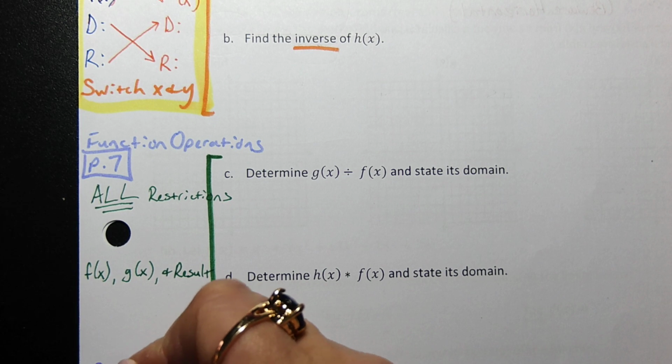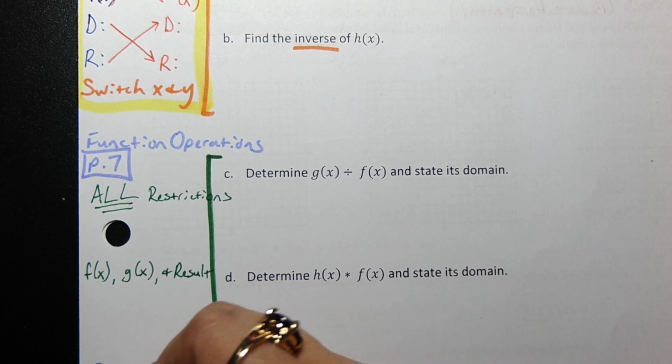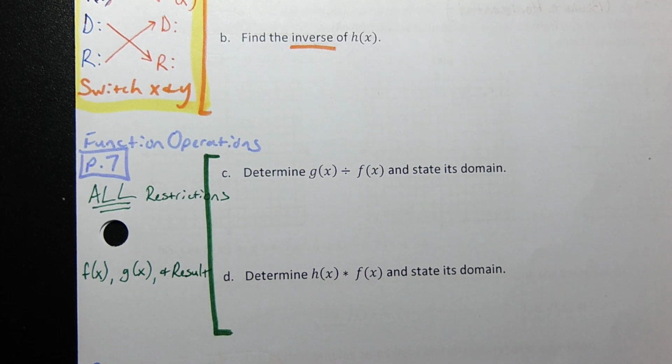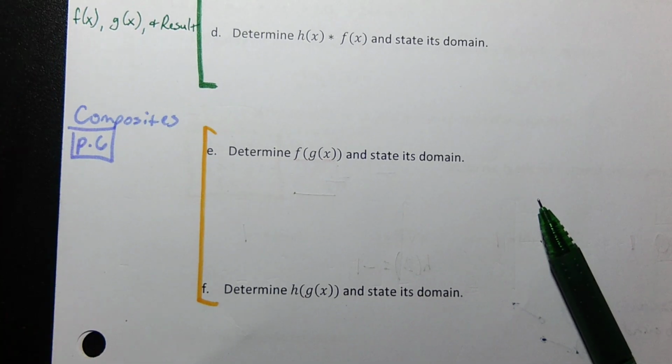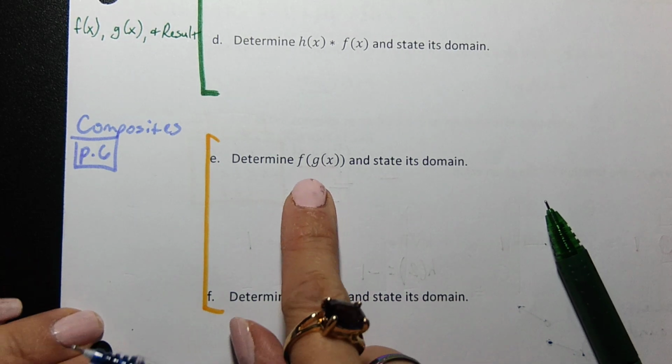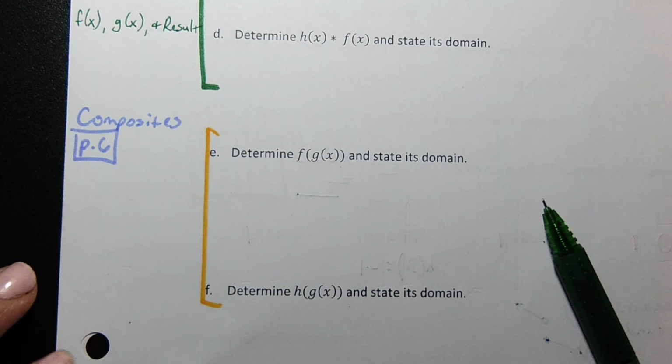Composites, which you will find on page 6. Now, the first thing that bears mentioning with composites is notation. To the right, you see the parenthetical notation, f of g of x, and then h of g of x.